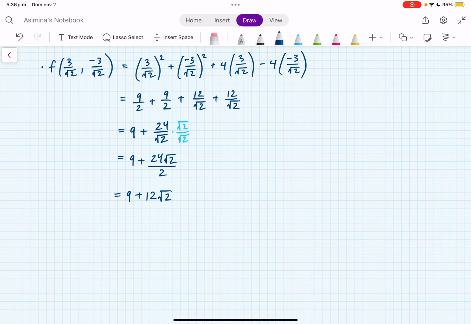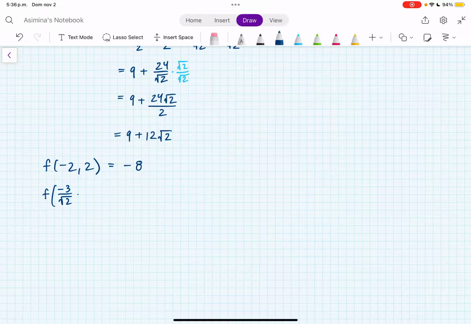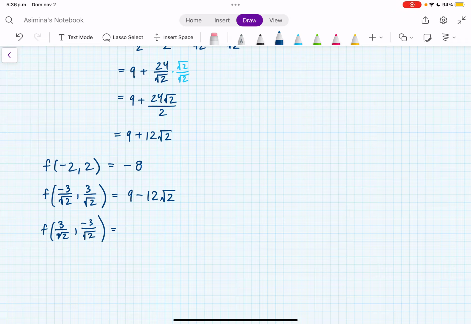Okay, great. So let's do a recap. We got that f of minus 2 comma 2 equals negative 8. F of minus 3 over root 2 comma 3 over root 2 equals 9 minus 12 root 2. And f of 3 over root 2 comma minus 3 over root 2 equals 9 plus 12 root 2.